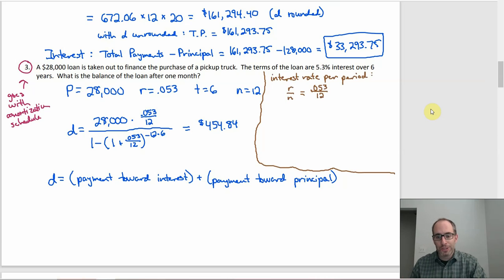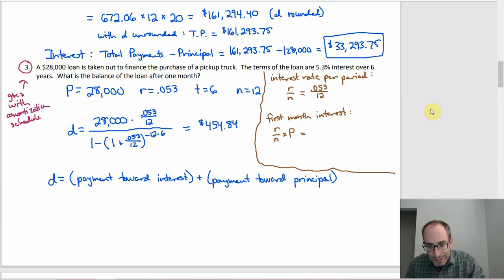And then the interest is going to be computed based on whatever the balance is, but for the first period, nothing's been paid down yet. So the balance is the principal amount. So that means that for the first month, first month interest, we're going to have R over N times P. Since P is the remaining balance at this point, right?